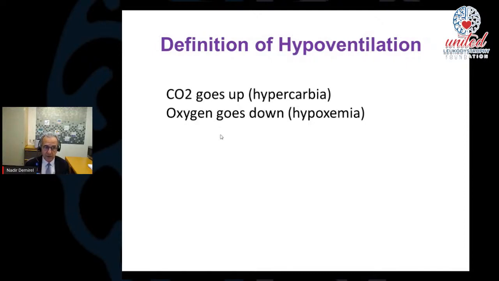And these are very important concepts that we all need to understand well in order to solve problems, because the problem can be multiple and you need to address the right problem. So the result of this hypoventilation is an increase in carbon dioxide in your blood, which is called hypercarbia, and a decrease in the amount of oxygen in your blood, which is called hypoxemia.